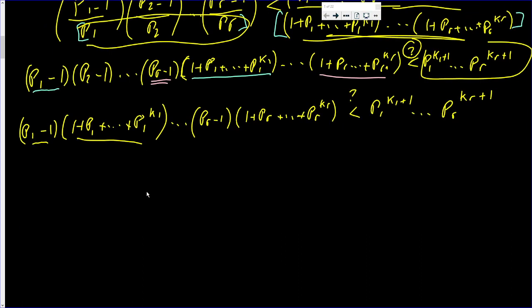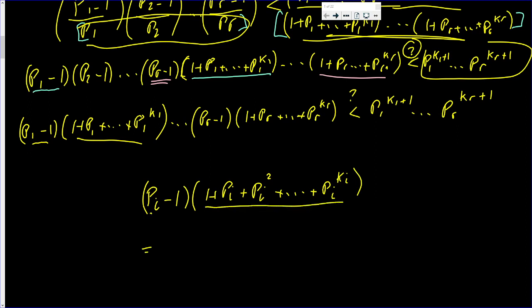let's formally do it. Let's do P sub I minus 1, so the general one, times 1 plus P sub I plus P sub I squared all the way down to P sub I raised to the K sub I. Okay, so when you multiply each of these by P sub I, the powers are going to go up 1.